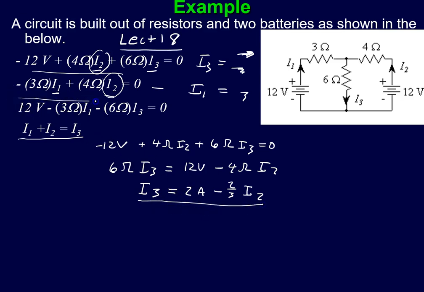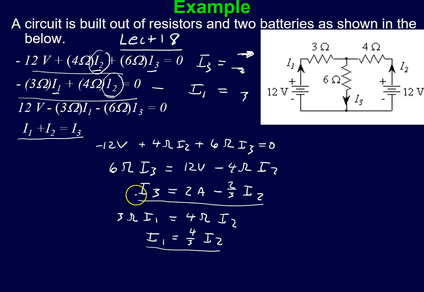Our second one will come from this one over here, and that one's a little bit easier to work out. There's only two terms. Again, we're solving in terms of I1. I'll get 3 ohms I1 is equal to 4 ohms I2. If I isolate I1, I'll get 4/3 I2.